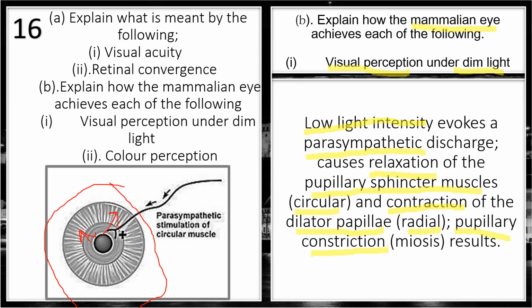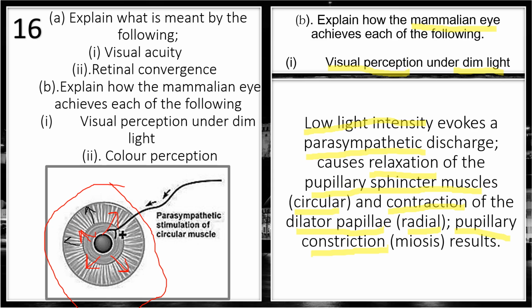And when they are relaxing and moving outwards, that means that now these radial muscles are contracting. So the radial muscles, as they are contracting, will be pulling the circular muscles outwards, and the radial muscles will become shorter as they are pulling.